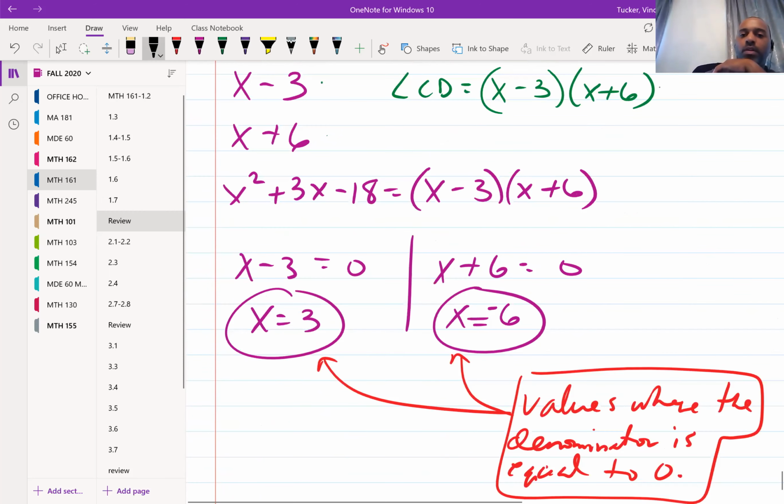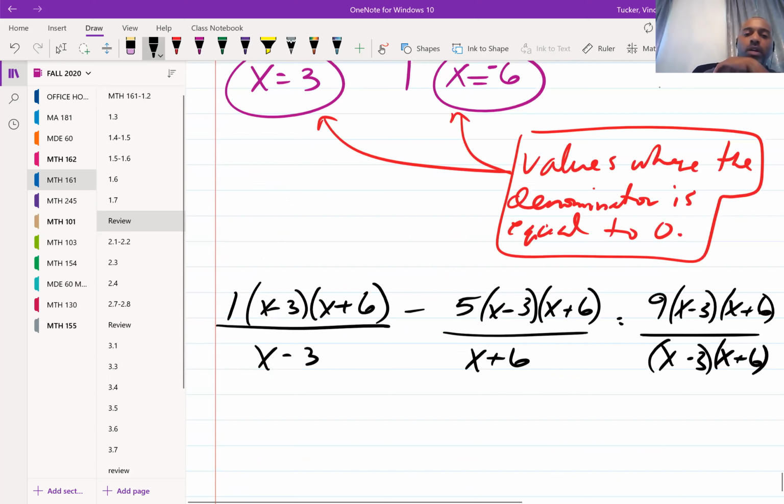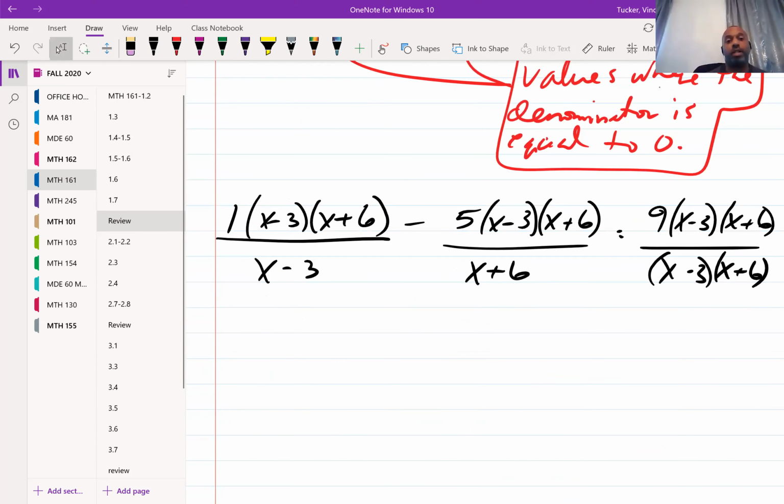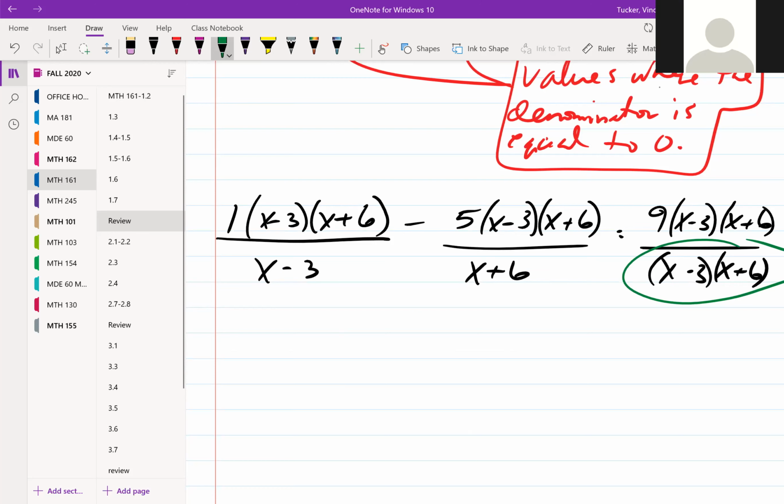All right, so that's what we're looking at. We're taking that x minus 3, x plus 6, which is our LCD, and we're multiplying it to each numerator. I just rewrote that third denominator as that factored expression just so we can make a clean cancellation.